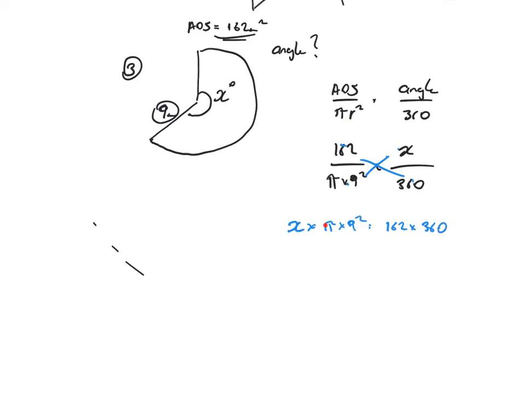I then need to bring that pi times 9 squared down and divide. So x equals 162 times 360 over pi times 9 squared. Enter it all into the calculator, and that'll give me, to one decimal place, 229.2 degrees.